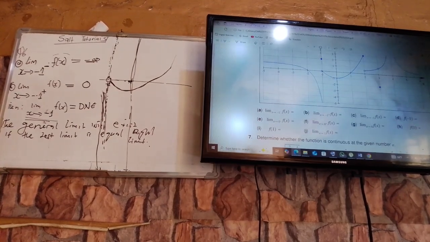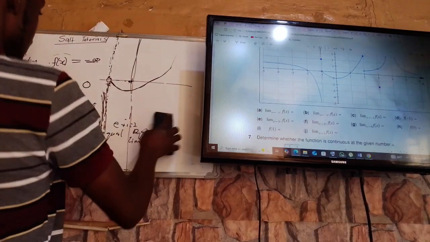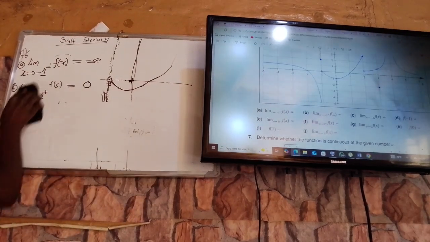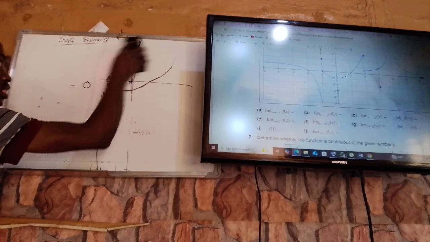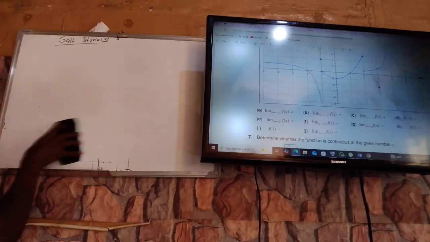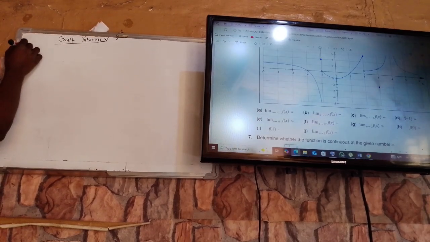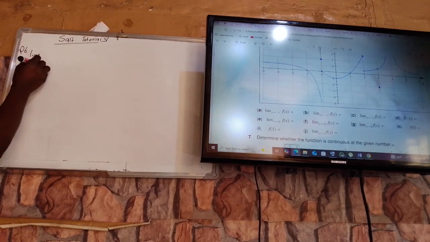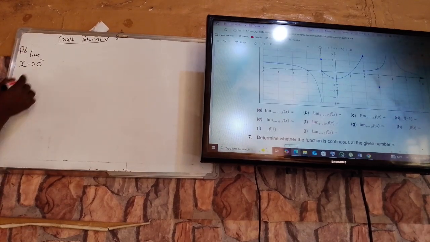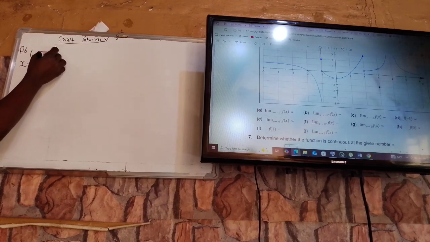We are okay? Now let's look at the other part. The other part is as x approaches 0. The limit as x approaches 0 from the left direction has a negative on top of f of x.